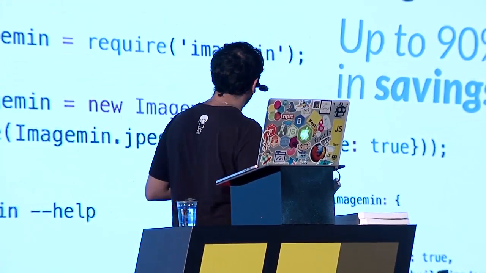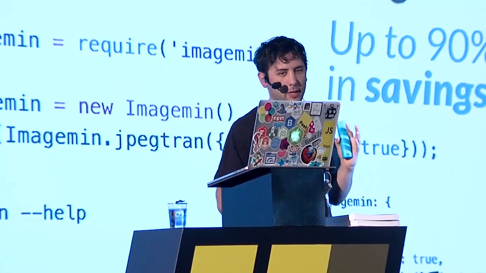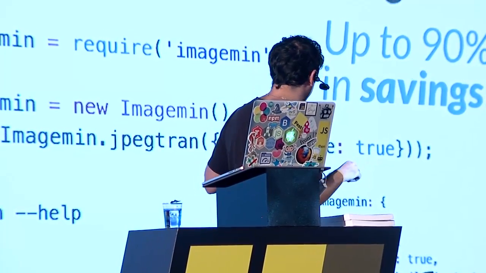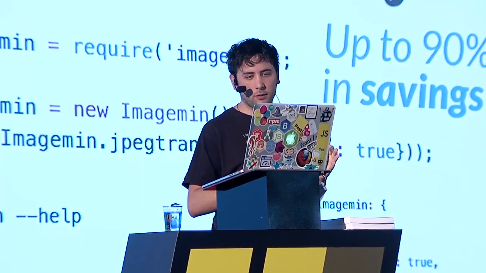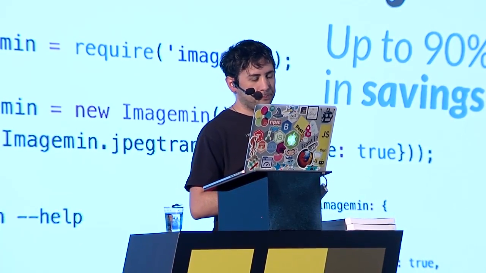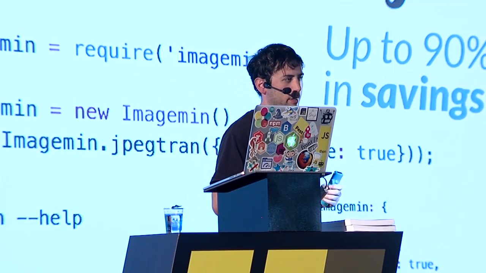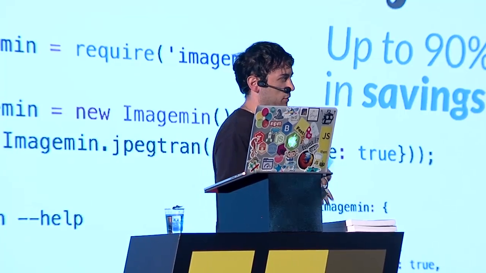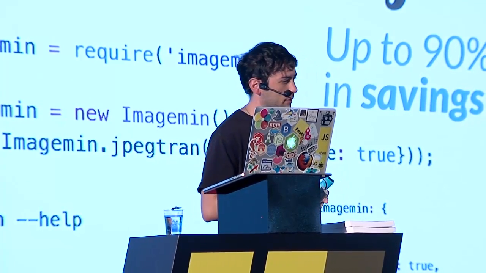Optimize images. You can use ImageMin for this. It's very cool. It has an API, CLI, Grunt plugin, Gulp plugin. It works with JPEG, PNG, SVG. And this will basically do mostly removing meta tags and whatnot, but also actually optimizing images depending on the plugins that you use.